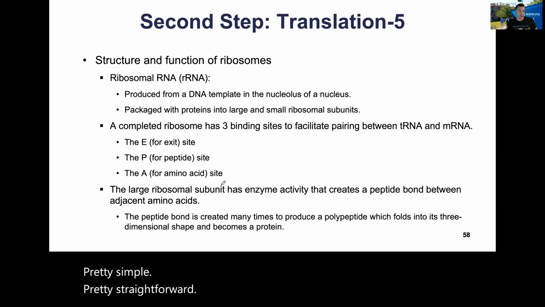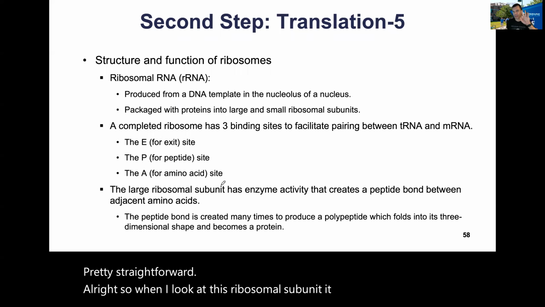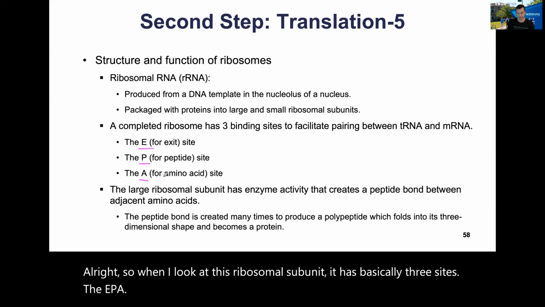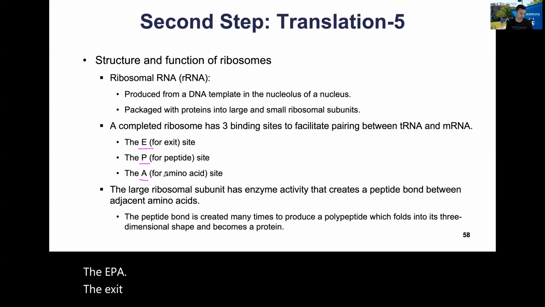All right, so when I look at this ribosomal subunit, it has basically 3 sites: the E, P, and A. The exit site, the peptide site, and the amino acid site.